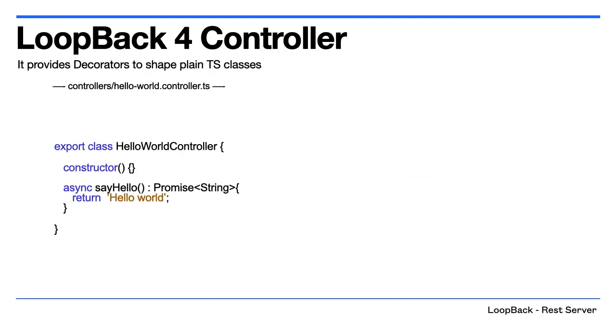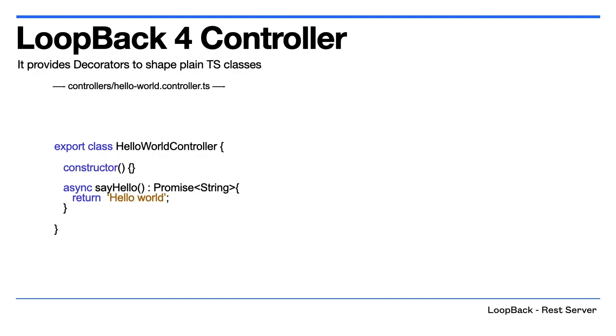Okay, so on the left, right here, you are seeing a HelloWorldController TypeScript class. This is a TS class. Very, very simple. It exposes an empty constructor. It doesn't do anything, but it has one method, sayHello, and it returns a promise with the string hello.